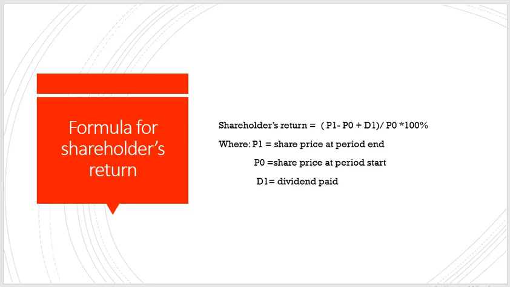This one is not given, but it's a simple formula because P1 means share price at the period end. So how much was the share price at the end of the year? P0 is share price at the period start, and D1 is how much dividends have been paid. Remember, the components of shareholders' return are share price and dividends.